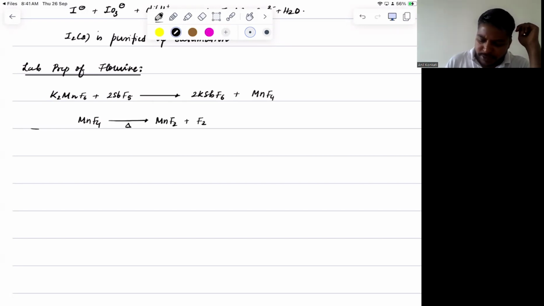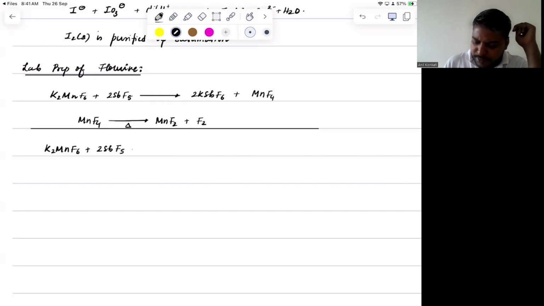Got it? So now if I write the overall reaction, what you are getting is K2MnF6 plus 2 moles of SbF5 converting into 2 moles of potassium SbF6 plus MnF2 plus F2.